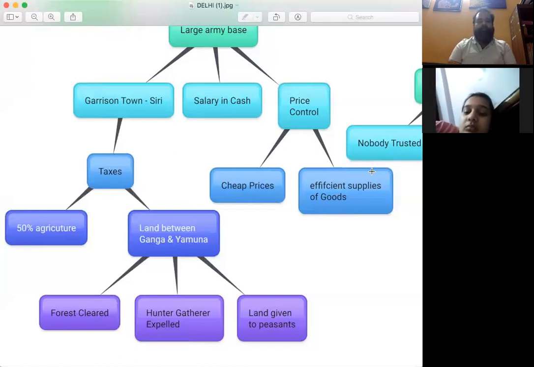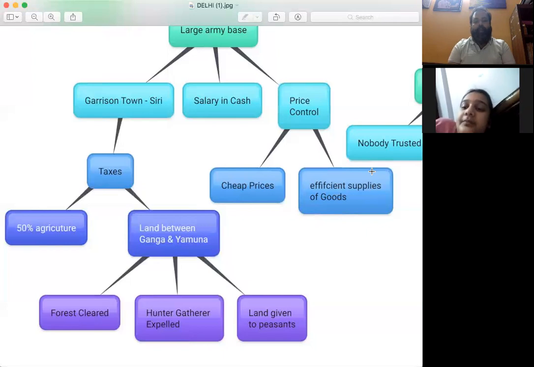When you burn the forest, these hunter-gatherers are expelled from the forest because they cannot survive there, since the forest is gone. After that, whatever land is cleared was given to peasants. Peasants are farmers.